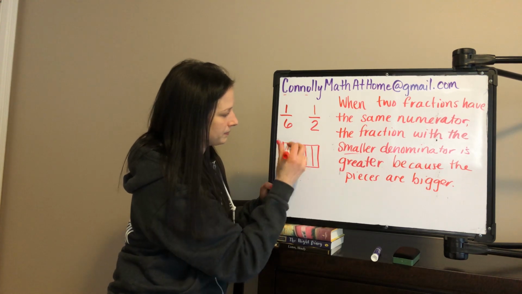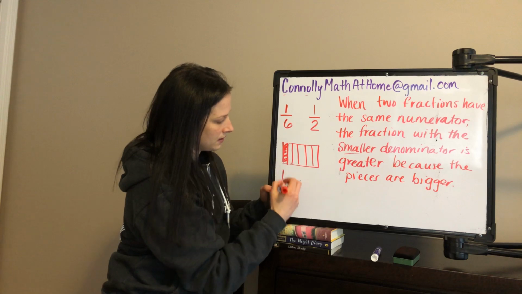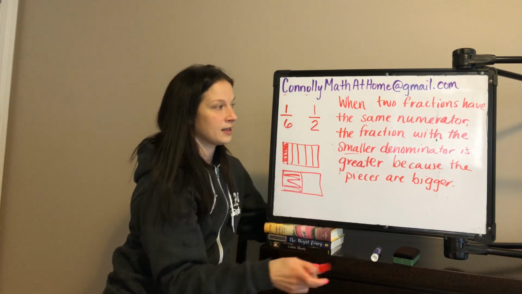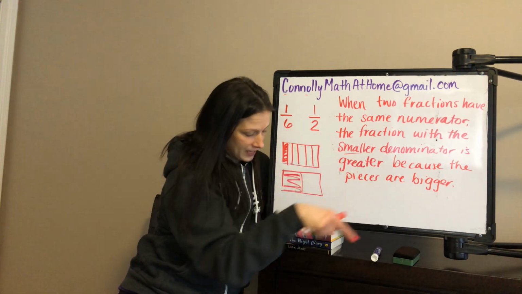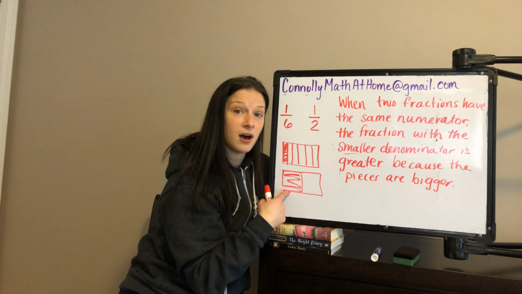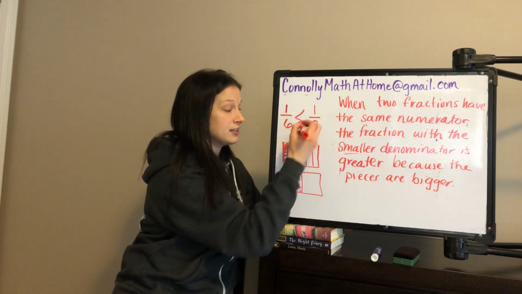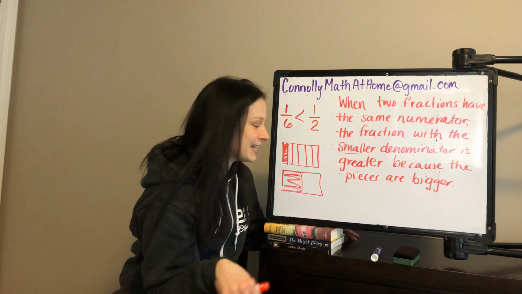Okay, so here's 1/6 and here's 1/2. So the fraction with the smaller denominator is bigger because the pieces are greater. And we can see that clearly here, right? So, not to brag, but I just proved it again.